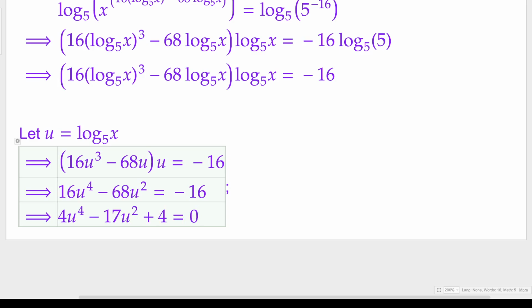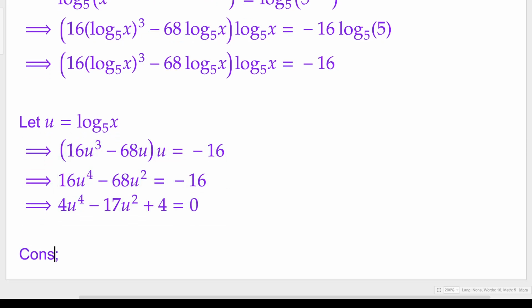Now there will be 4 distinct roots. Consider the roots u1, u2, u3, and the fourth one u4. So these are the 4 roots.